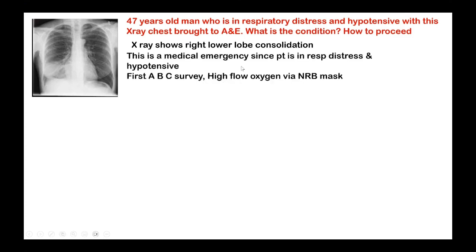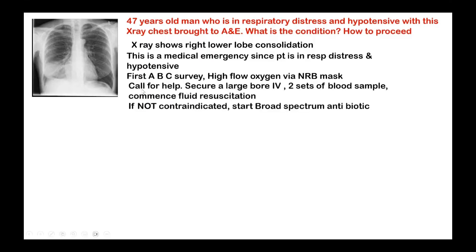So this is a medical emergency since the patient is in respiratory distress and hypotensive. First thing you have to do is an ABC survey: airway, breathing, circulation. We start high flow oxygen via non-rebreathing mask. Then call for help, secure 2 large IV accesses, take 2 sets of blood samples, commence fluid resuscitation.